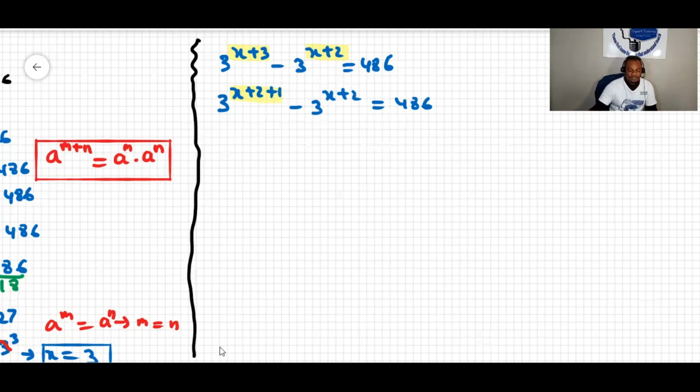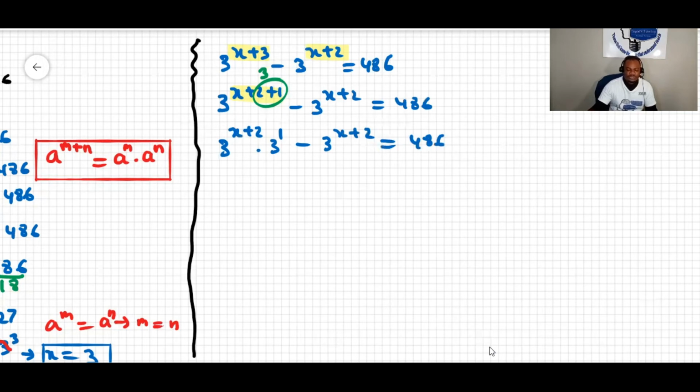Now, of course, this part is just 3, but I prefer to write x plus 2 plus 1. Now, we can break it down by saying this is 3 to the x plus 2 times 3 to the 1 minus 3 to the x plus 2 equal to 486.